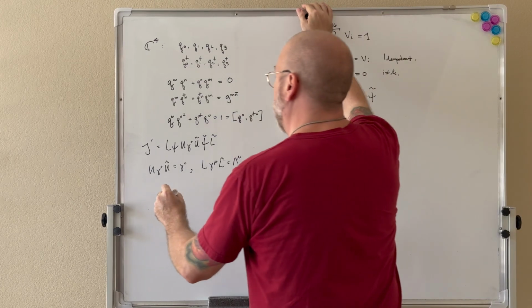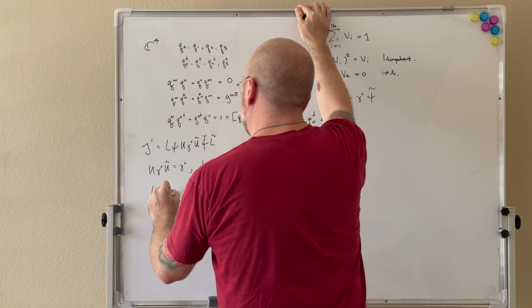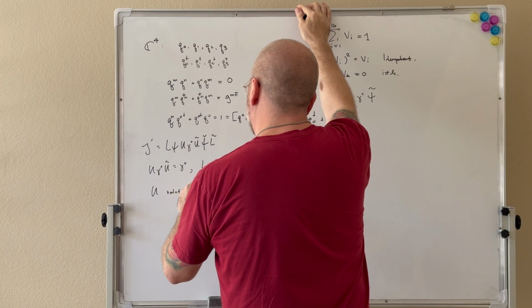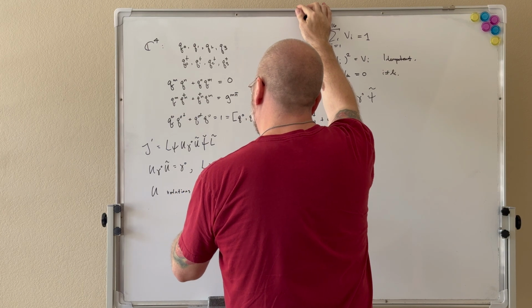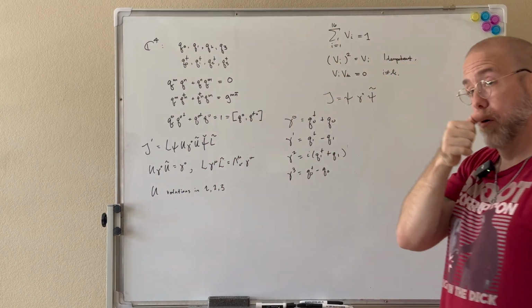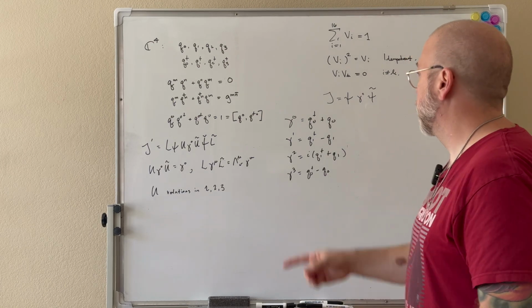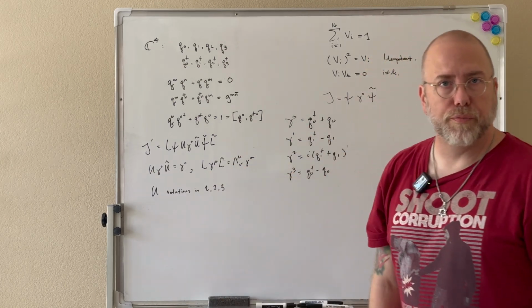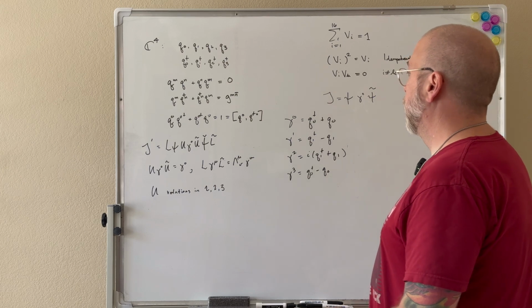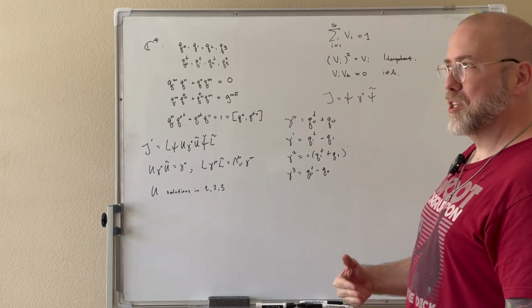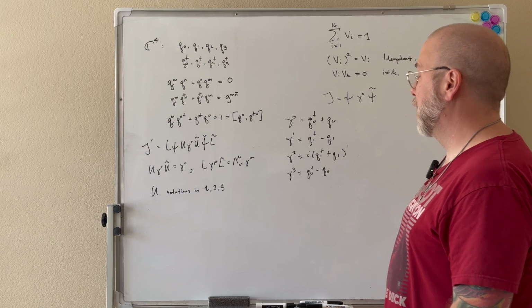So we know that U are rotations in 1, 2, 3 only. You can't involve any rotations that involve 0, because then this would not be true. You can't rotate something that's purely in 0, mixing 0 and other things, and get it to work. That does not work.